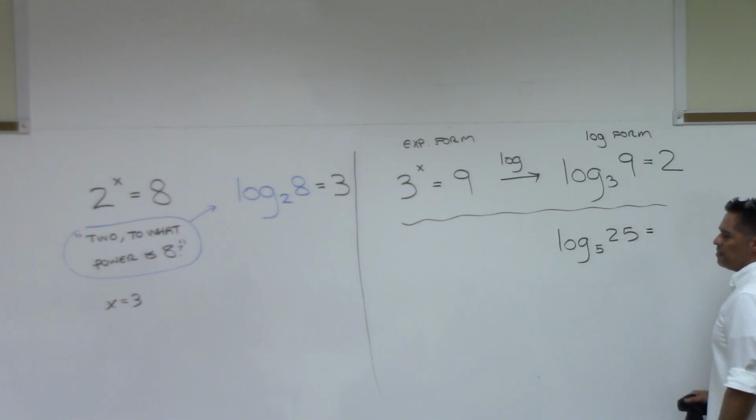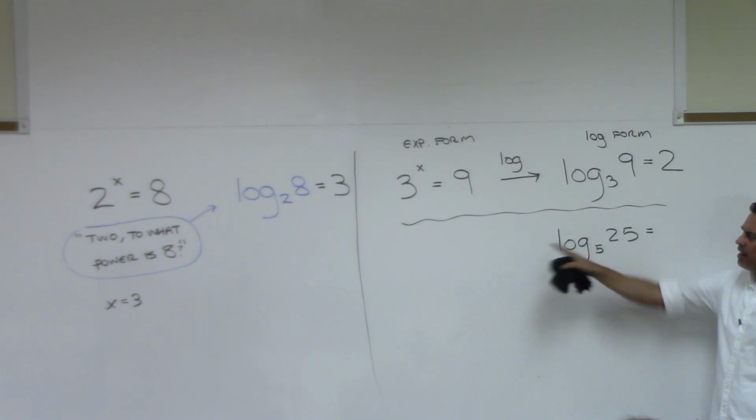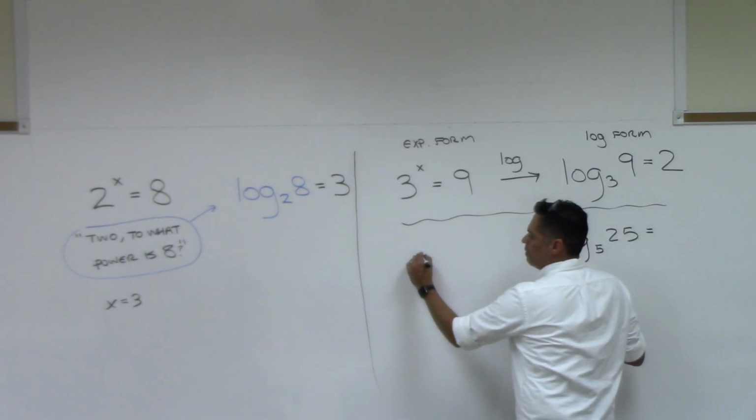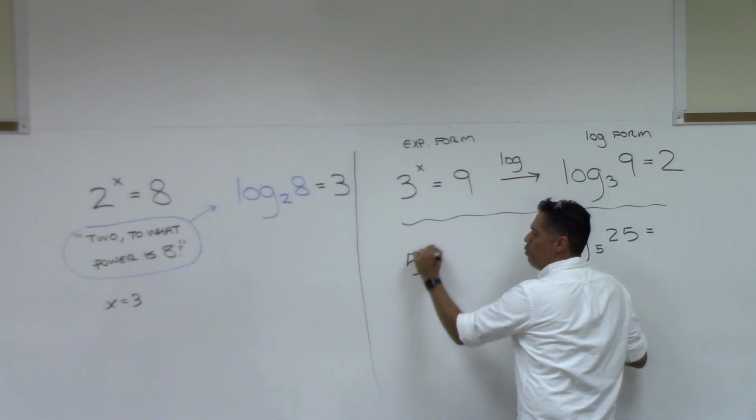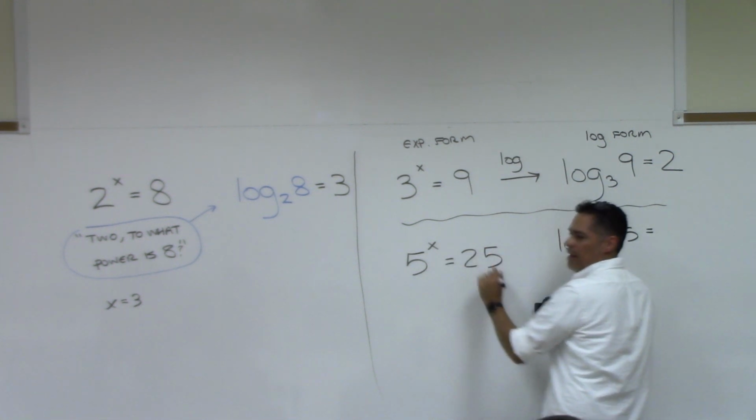I'm not going to put the equals yet, but what is this saying? 5 to what power gives you 25? How could I write that over here? 5 to what power is equal to 25?